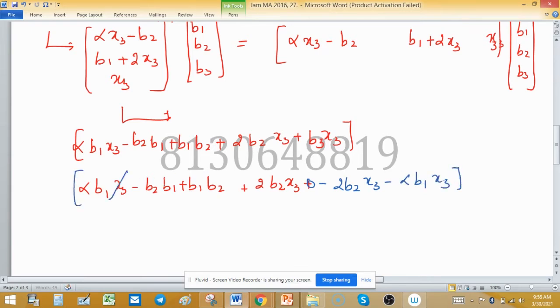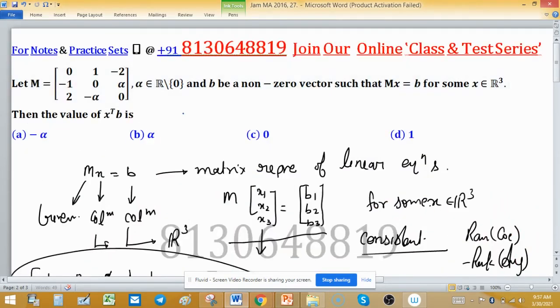So all these terms will cancel out by each other. So the value of this is 0, or 0 vector, or 0 matrix. So we can simply write 0. So option C is correct.